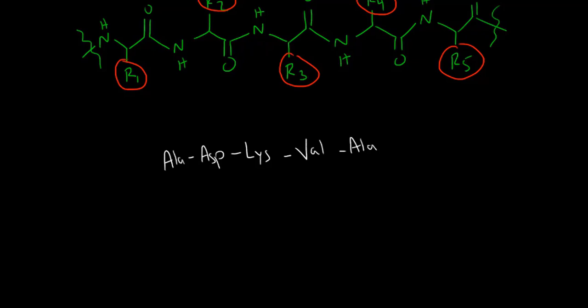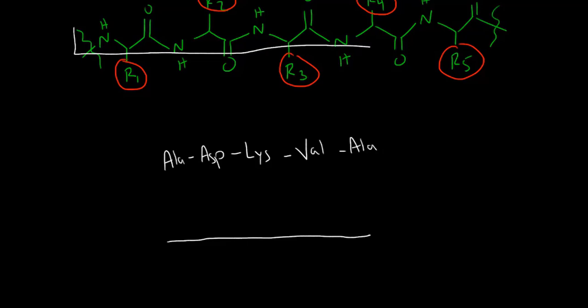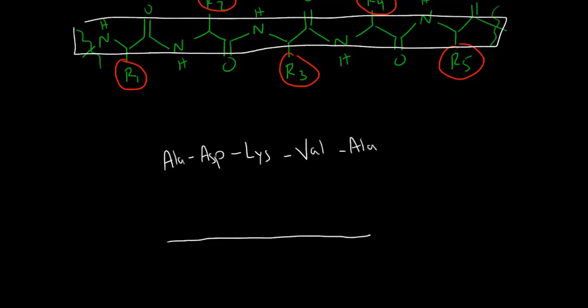The way that I'm going to represent this peptide is with a straight line. And this straight line is meant to represent the zigzagging pattern that we observe within our polypeptide backbone. So anything that I draw above this line will be side chains that occur on this side, and anything that I draw below this line will be side chains that occur on the other side.